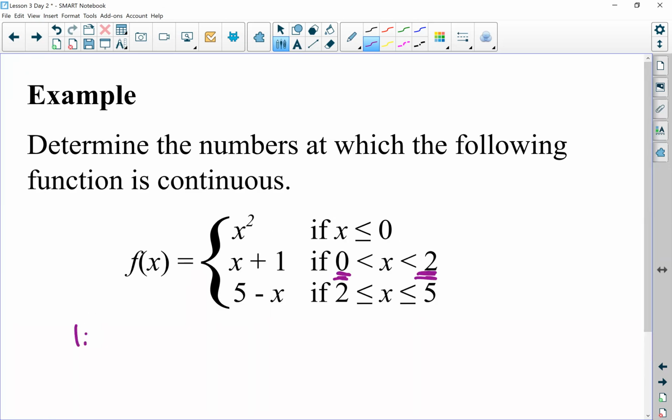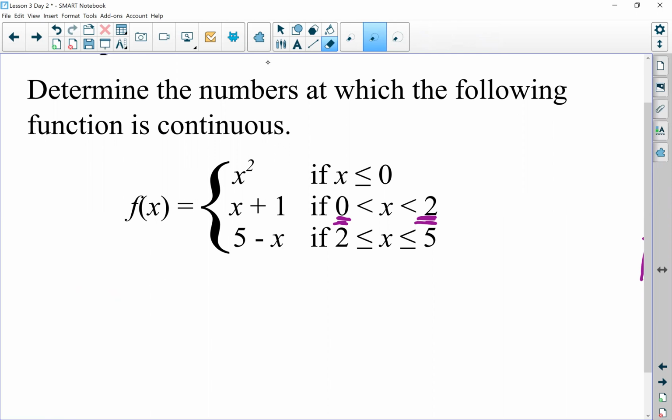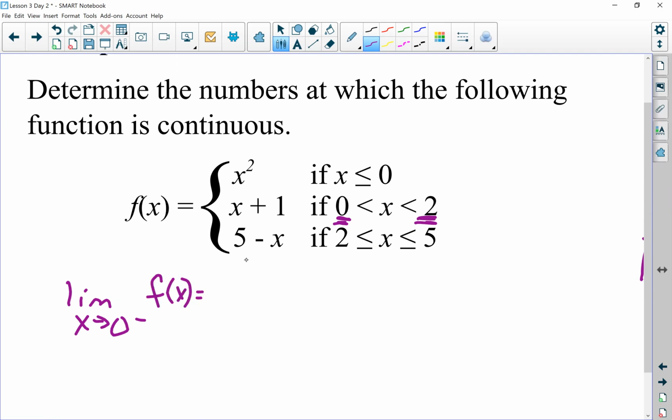So if we take the limit as x approaches 0 from the left, we would put 0 squared, because every time x is less than 0, we just square whatever x is.